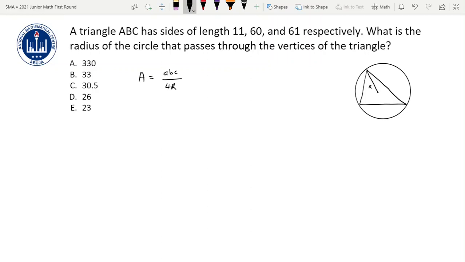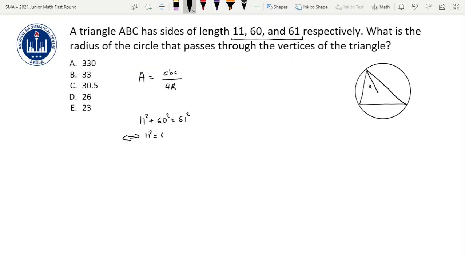If you look at the three side lengths of this triangle, 11, 60, and 61, these three numbers are a Pythagorean triple because 11 squared plus 60 squared equals 61 squared. If you want to go about verifying this, one way would be to move 60 squared to the right hand side.